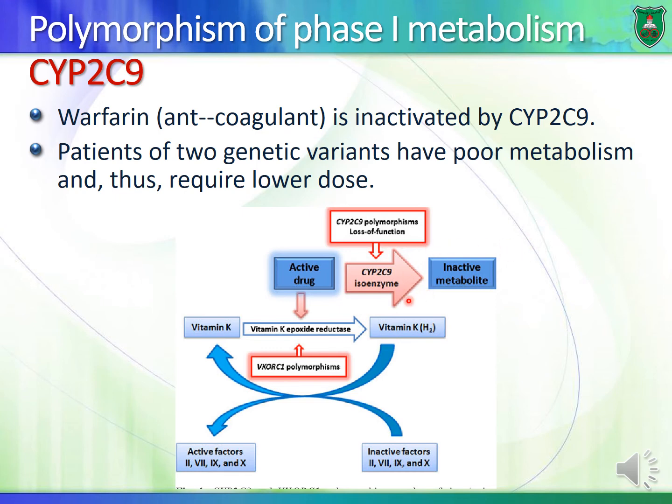Now, individuals who are poor metabolizers, who have low activity of CYP2C9, have warfarin being active for a long time, resulting in bleeding in these individuals. So again, that shows the importance of genetic polymorphism in drug response.